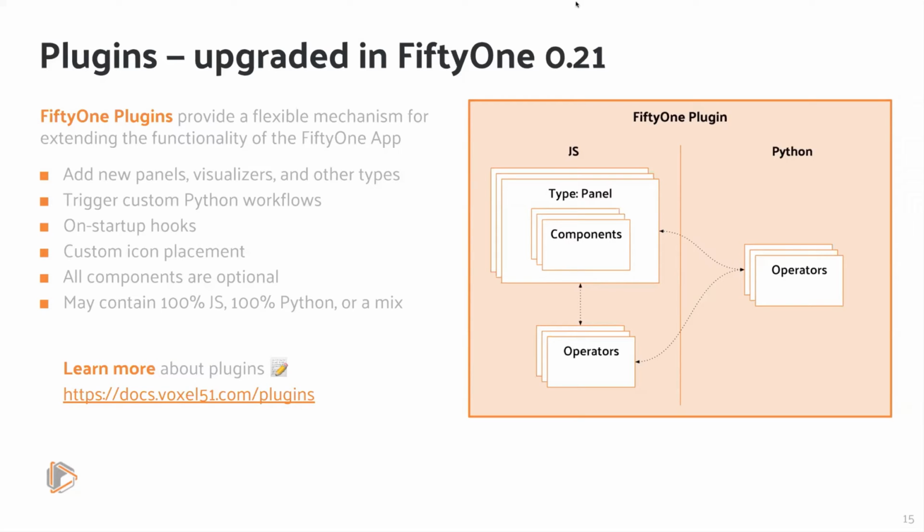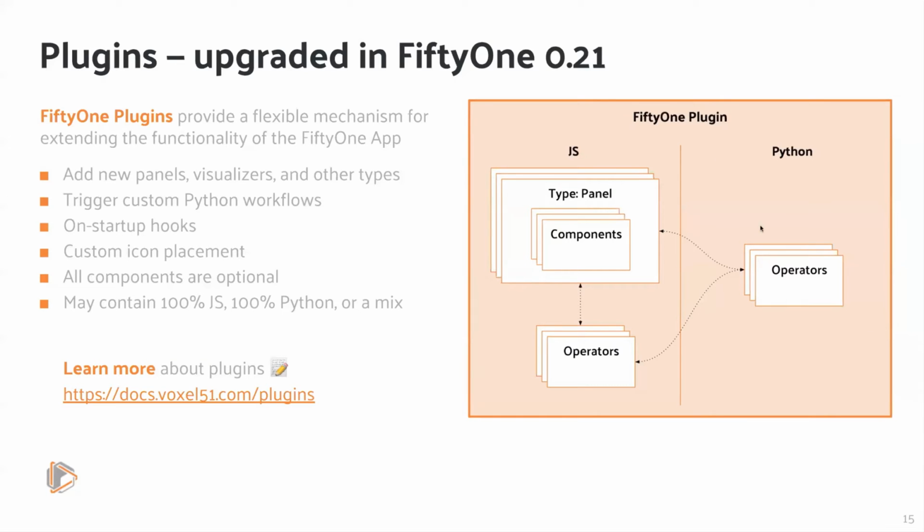But now with 51's .21 release, the most recent version, we've added a whole new component to plugins that we're calling operators. So operators are a logical unit of code that takes inputs, performs some computation, and returns outputs.